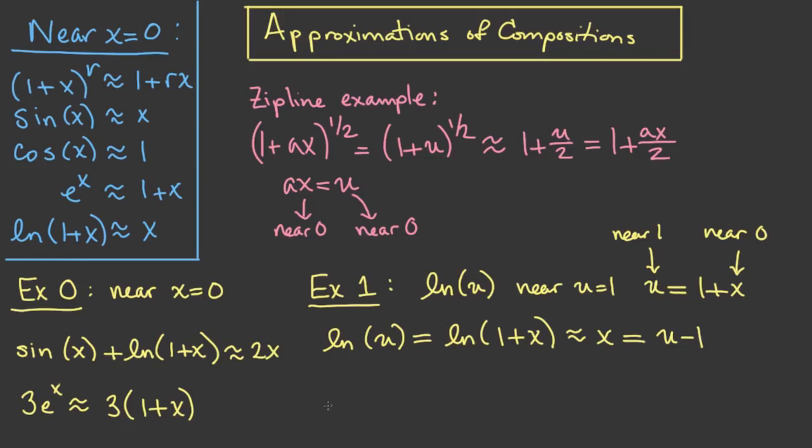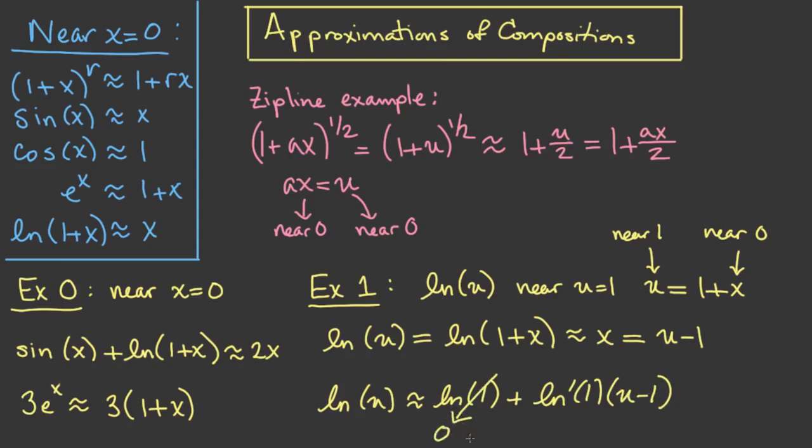Of course, we could have computed this approximation directly to find that log of u is approximately equal to log of 1 plus log prime of 1 times (u minus 1) near u equals 1. Log of 1 is equal to 0, and log prime of 1 is 1 over u evaluated at 1, which is 1. So we get u minus 1, which is the same thing.